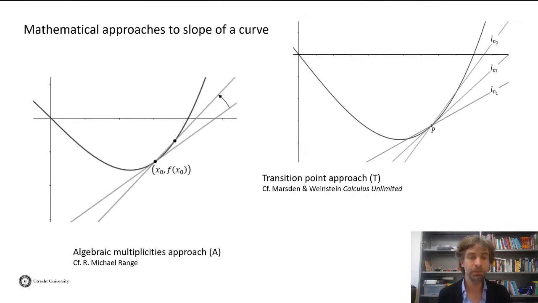Then there are 2 more, and one of them has also been proven to work well with students. That's the algebraic multiplicities approach. It's the idea that we also talked about, that a tangent line is actually locally a bounding line. It's something that just touches in exactly 1 point. And why is this so nice for students?